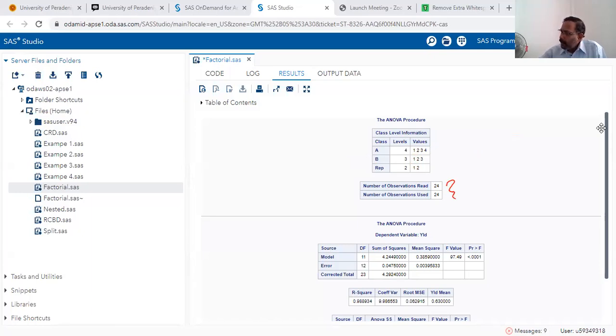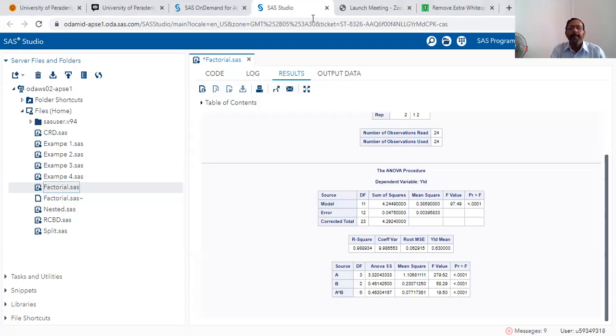Right, now we go for the Anova table. This is most important. The model is significant. Again, I don't want to repeat how we say significant: because the p-value is less than the alpha value, it is significant. Now, the model consists of what?